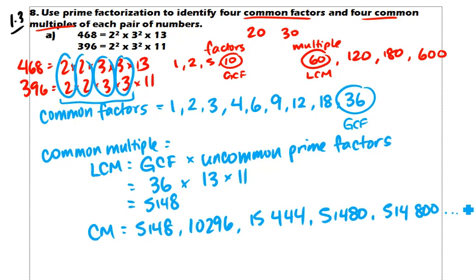I could continue this. These are all common multiples of 468 and 396 because they're all multiples of the lowest common multiple, which was 5,148. So this is the lowest common multiple, and these are our different multiples of our original numbers. Hope that solves your problems.